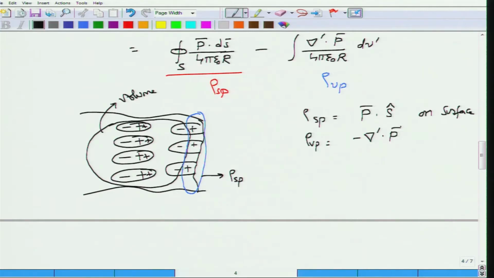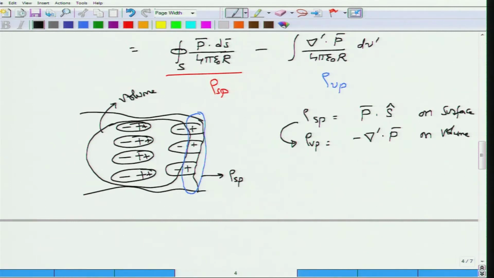So if at all you have a non-uniform dielectric, then this quantity will not be 0. There would be certain volumes in which del prime dot P is non-zero, and that would create the volume charge density. As I said, you could absorb rho sp inside rho vp by defining the appropriate limits of the volume charge. Remember we did this: the most general distribution is the volume charge, then you could convert a volume charge distribution into a surface charge, surface becomes line, line becomes a point.